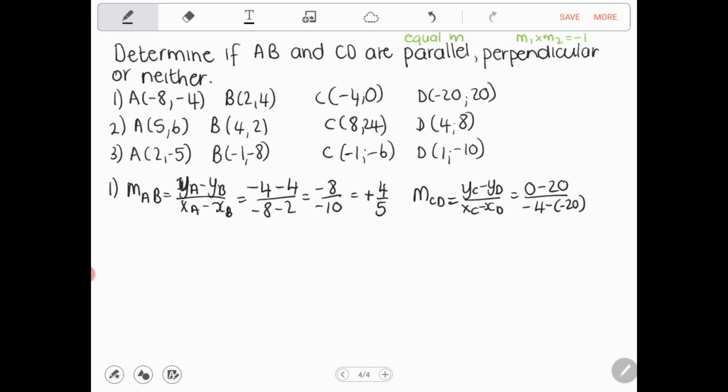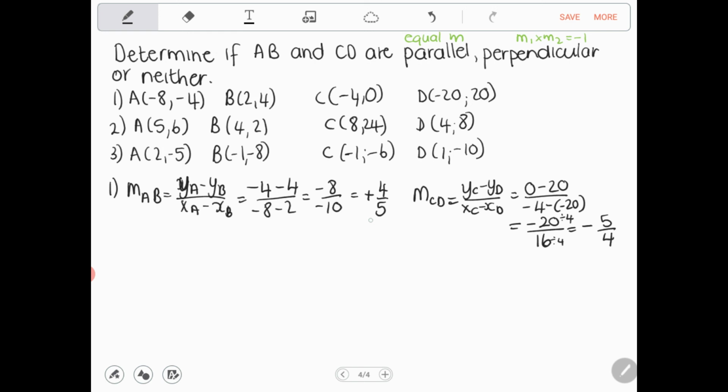Again, be careful. The x at D is a -20. So that's going to give you -20. And -4 plus 20 is going to give you +16. Divide 4 into the top and 4 into the bottom. It's going to give you a -5 over 4.